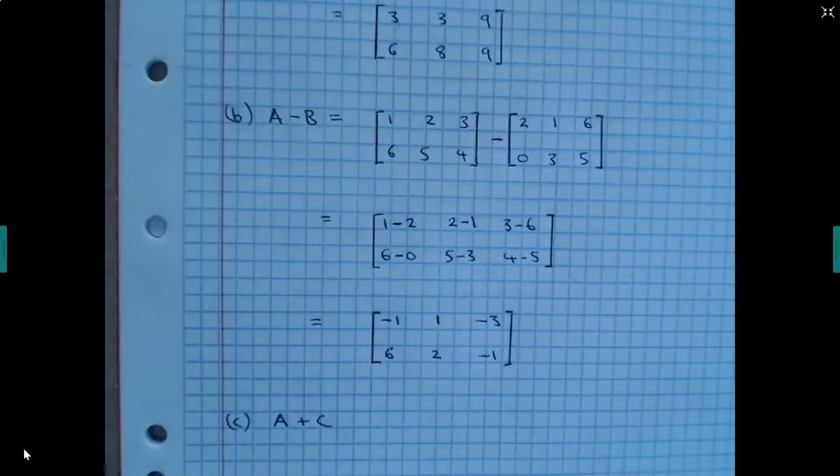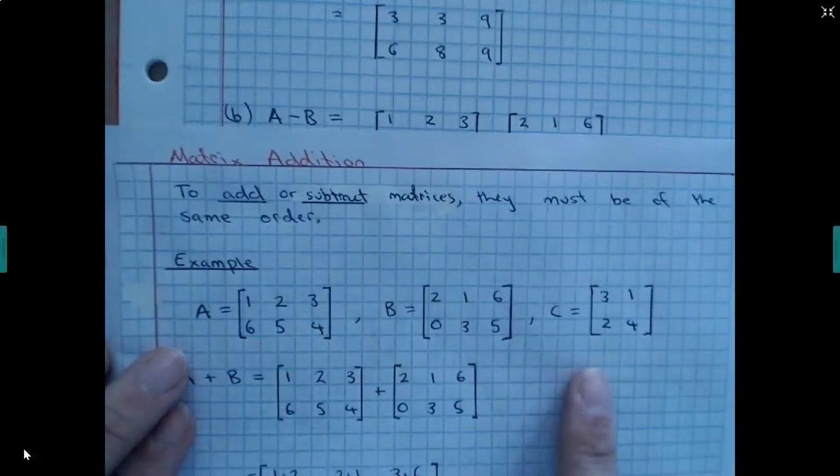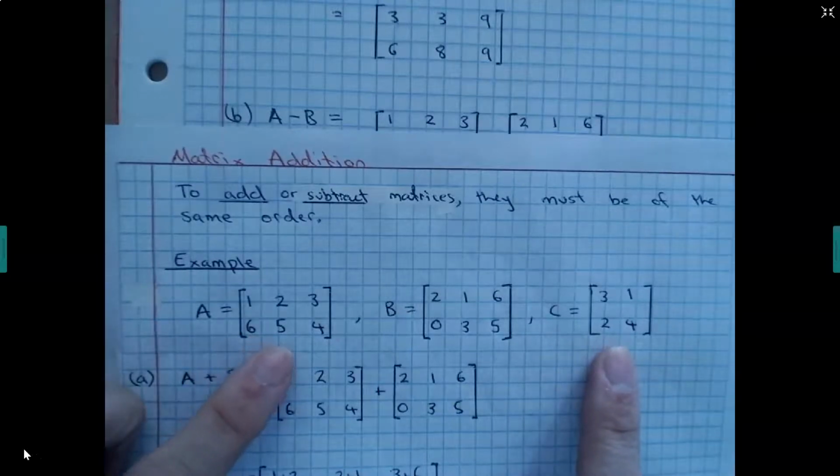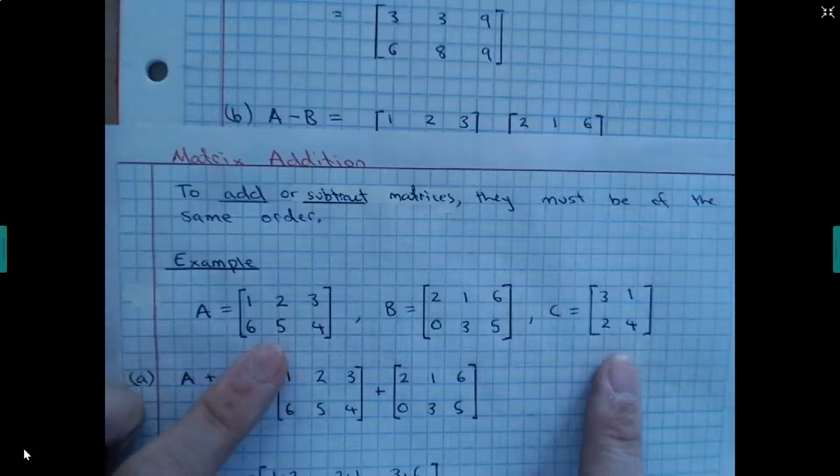My last example is A plus C. Now, if we just have a quick look, if I went to add these two matrices, A and C, can anyone see an issue?